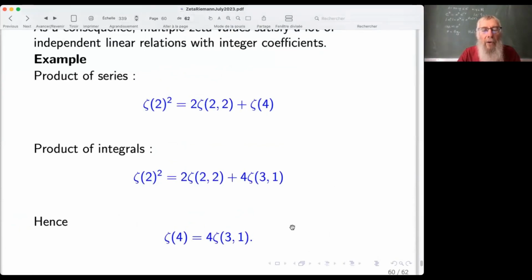And the fact is the following. The multiple zeta values are sufficient to obtain the linear relations among all the zeta values.